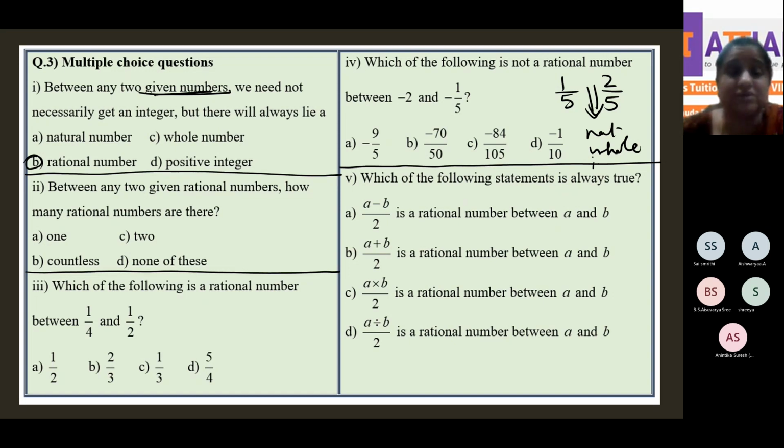Between any two given numbers. Given numbers means rational numbers. When it says numbers, you cannot assume them to be whole numbers or natural numbers or integers. Any two numbers means any two rational numbers. We need not necessarily get an integer, because every integer is a rational number, but all rational numbers are not integers.